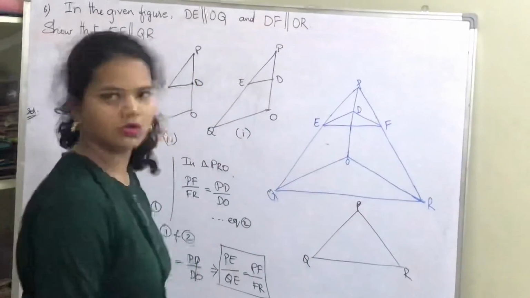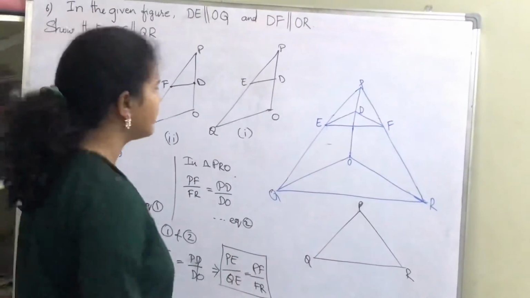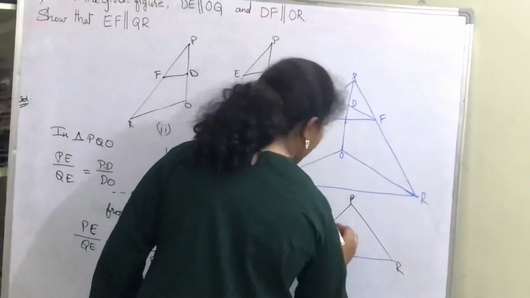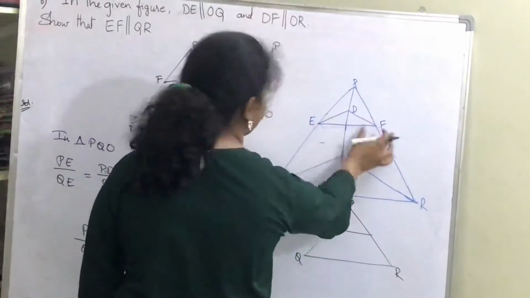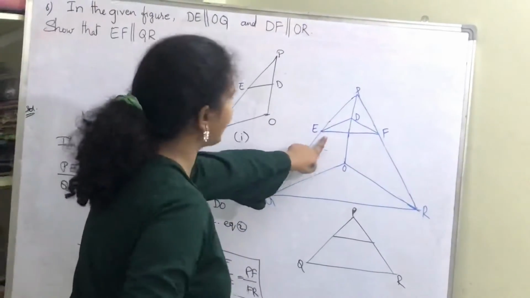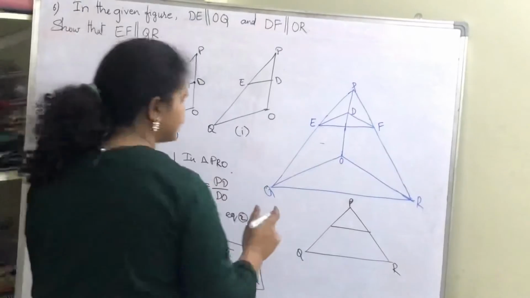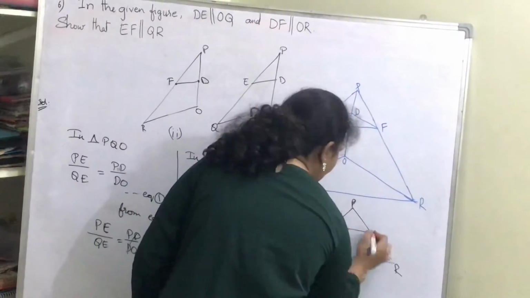Can you see? Here you have PQR. Now just consider triangle PQR. In triangle PQR, I got a parallel line, EF. I will just take the parallel line as E and F.